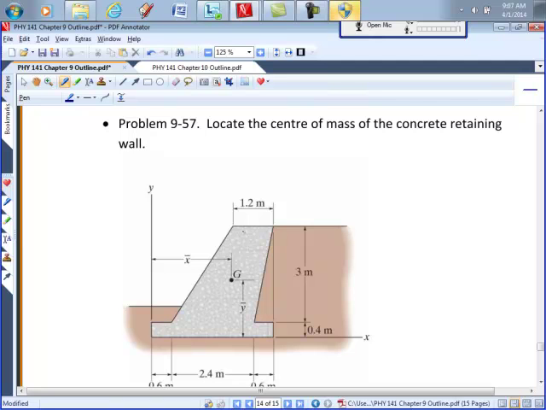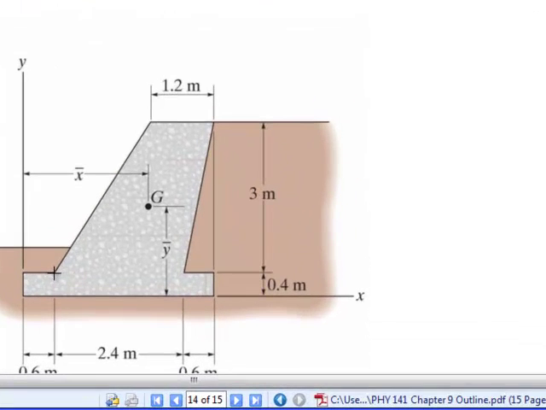How many sections am I going to have to divide this into? What are the 3 sections you're suggesting? The bottom rectangle and then putting that coverage in.